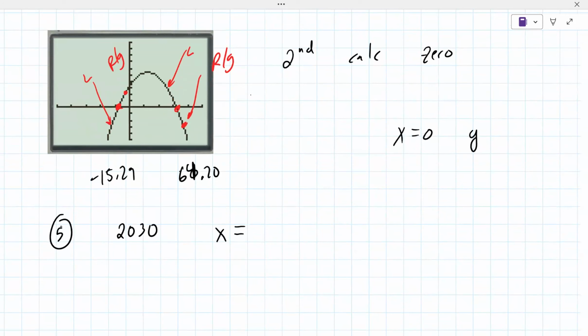What year? 1980. Okay, so if you go to 2030, what x value is that? How many more years later than 0? You're going from 1980 to 2030. How much greater? 50 years. So x changes from 0 to 50 now.